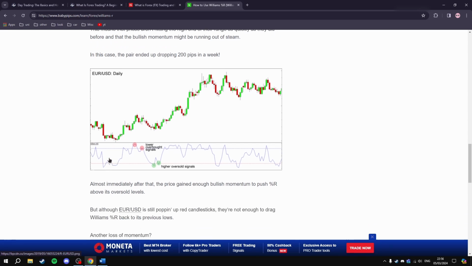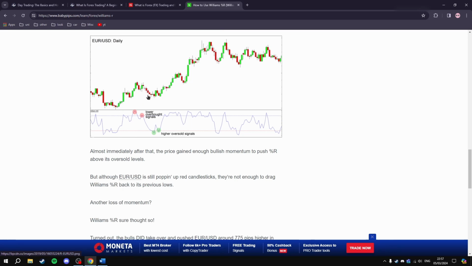Almost immediately after that, the price gained enough momentum to push percentage R above its oversold levels, so that's that bit there. So like here. No, it's here. But although EUR/USD is still popping up red candlesticks, so that's that bit here, they're not enough to drag Williams percentage R back to its previous lows.